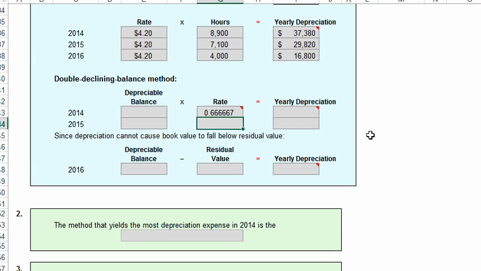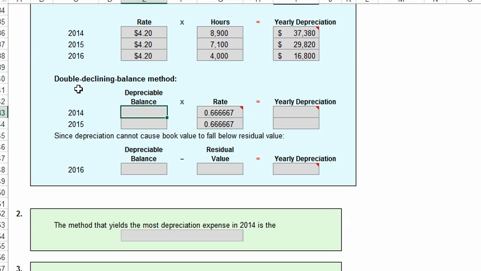Same thing either way. Alright, that rate's not going to change. Again, it's calculated as 1 over the useful life in years times 2. We always double it. That's where the name double declining balance comes in.